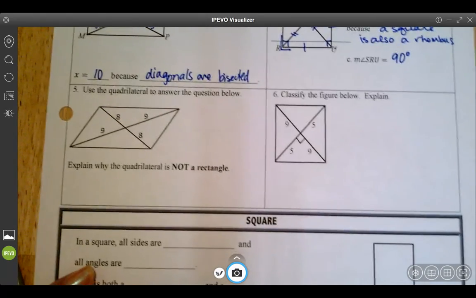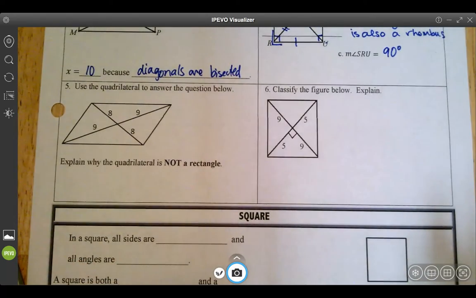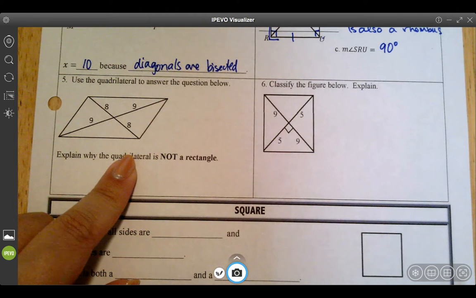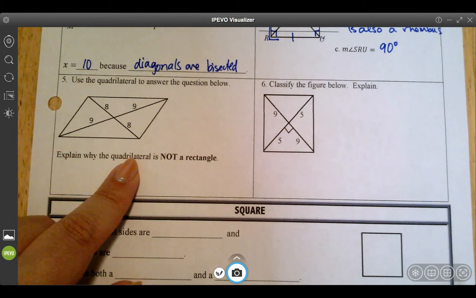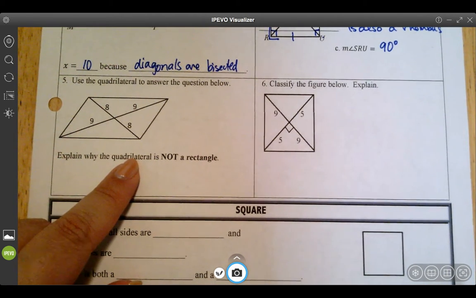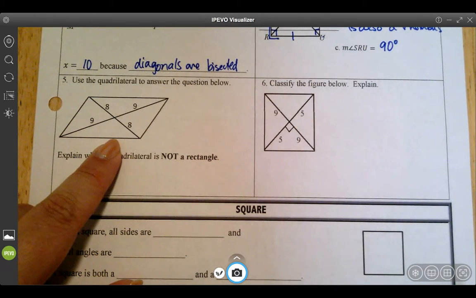In our next example, we want to use the quadrilateral in the question below, and we're not told if this is a rhombus or even a parallelogram. We just know it's a quadrilateral. And so what we want to do is explain why this quadrilateral is not a rectangle. So what is it about this that makes it not a rectangle?